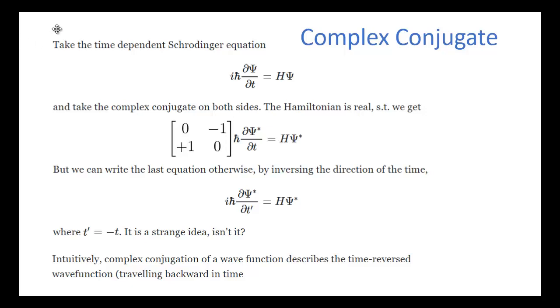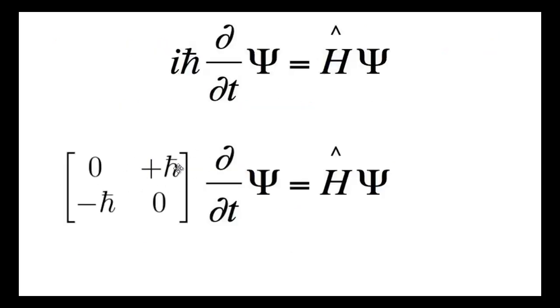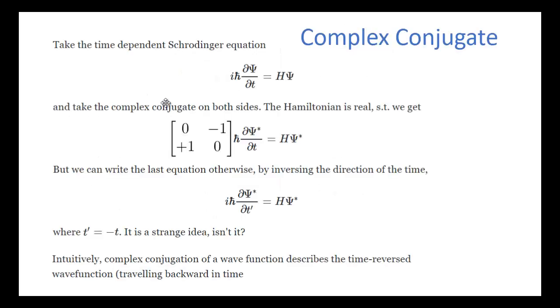Okay, so here they say, take the time-dependent Schrodinger equation, which I just showed you, which has positive in the upper right quadrant and negative in the lower left quadrant of the 2 by 2 matrix, and then take the complex conjugate on both sides.